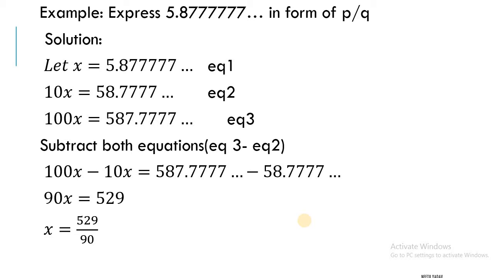In our next step, I am going to multiply equation number 2 with 10 again. So 10x when multiplied with 10 will give us 100x, and this equation will become 587.7777... Now analyze equation 2 and equation 3. What if I subtract equation 2 from equation 3?